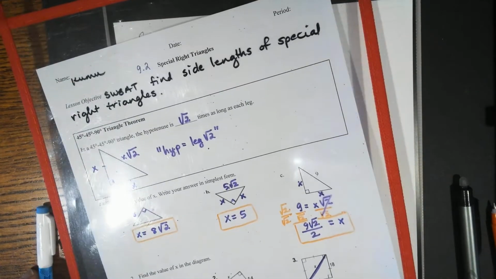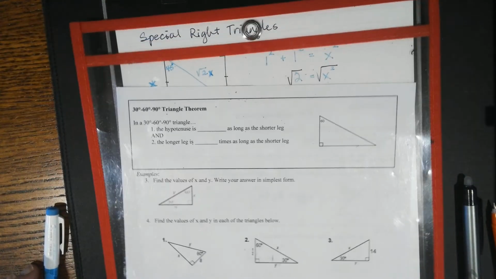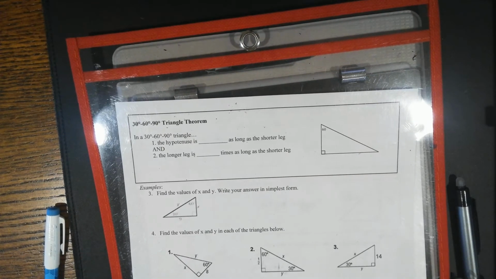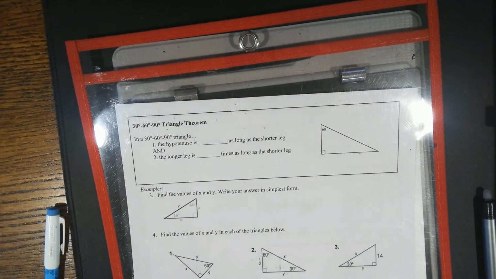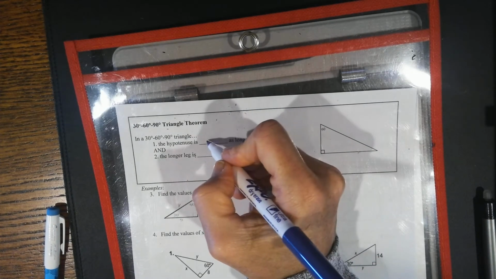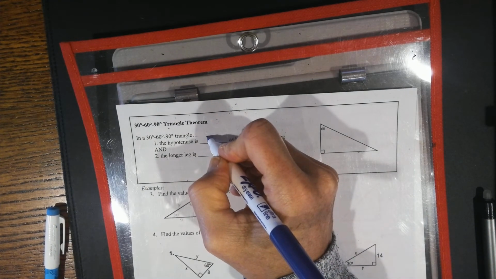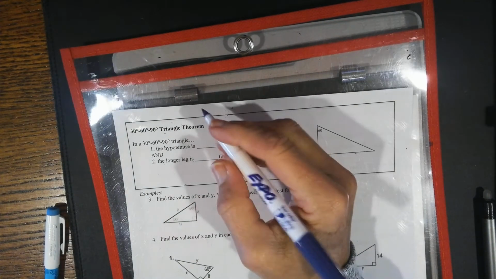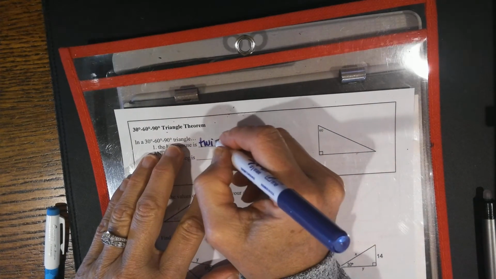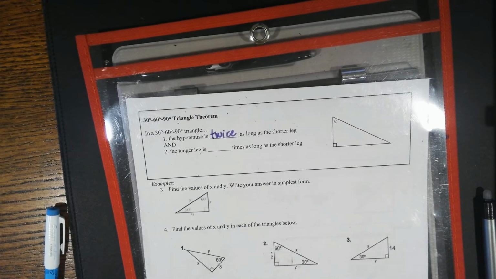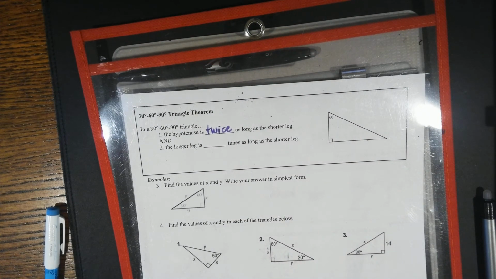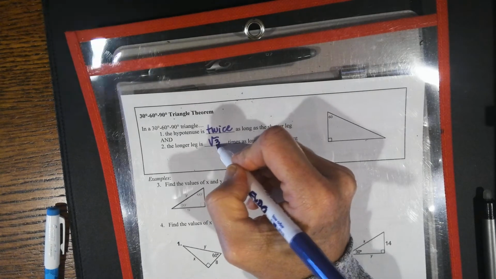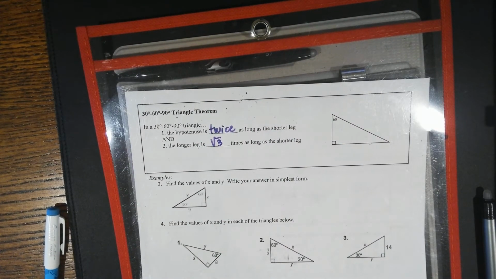Okay. So now what we're going to do is go back to our notes, okay? And the back side shows it right here. In a 30, 60, 90 triangle, the hypotenuse is twice as long as the shorter leg, and the longer leg is root 3 times as long as the shorter leg.